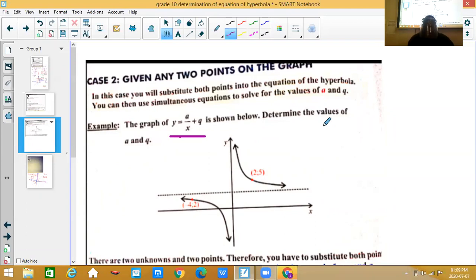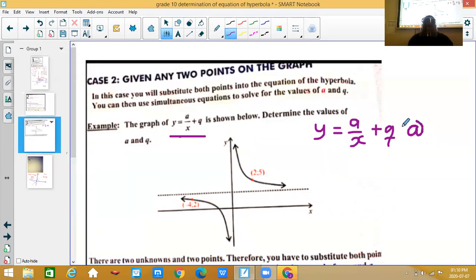So this means if we take y is equal to a over x plus q. Now, it's different from the first one.